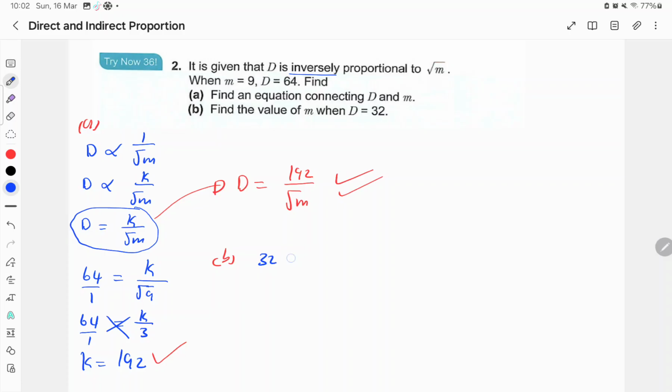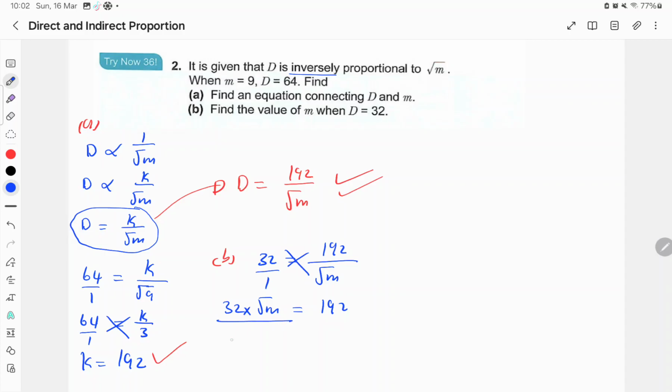So 32 is equal to 192 over the square root of M. You must understand that I have replaced D, since I was given D, with 32. Make it over 1 and cross multiply. So now you're going to have 32 times the square root of M equal to 1 times 192, which is just 192.